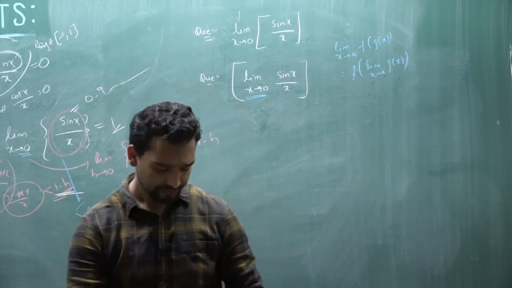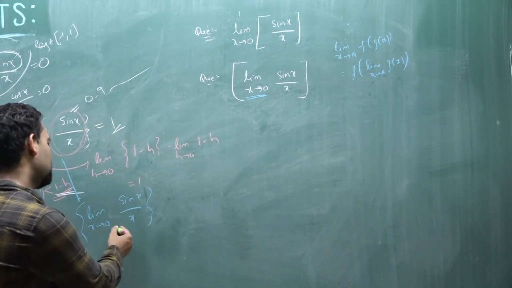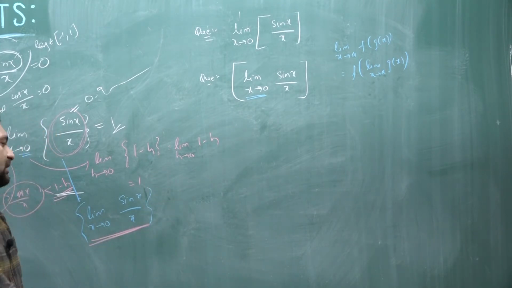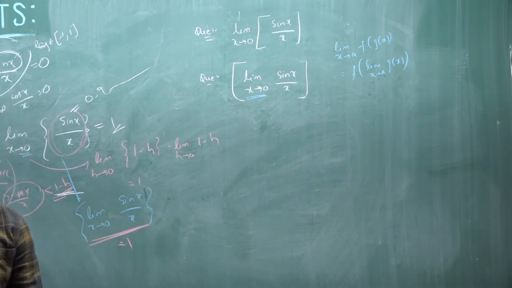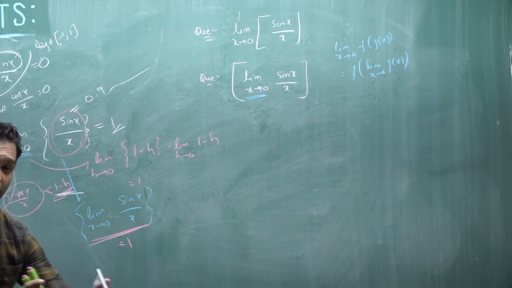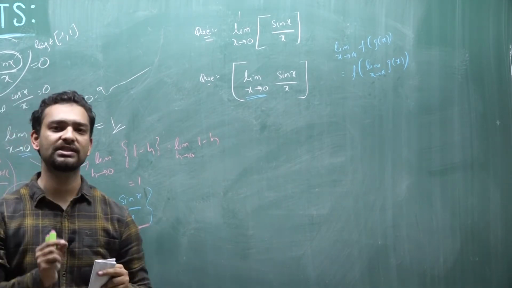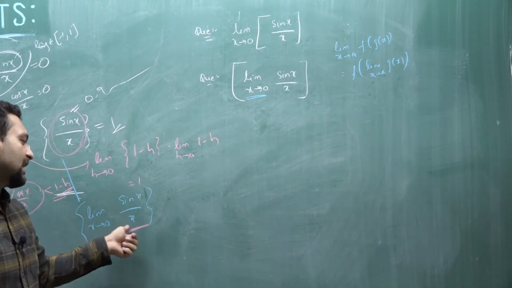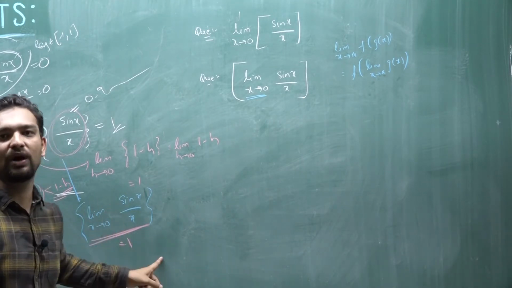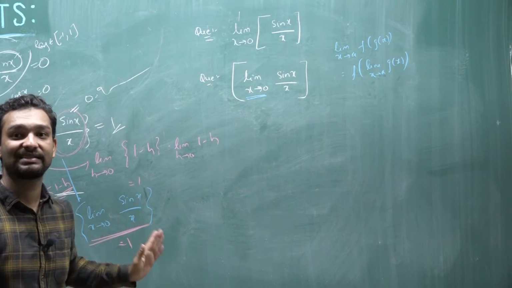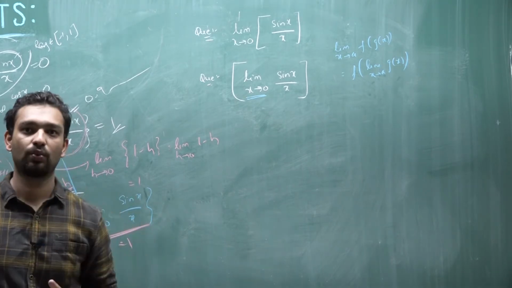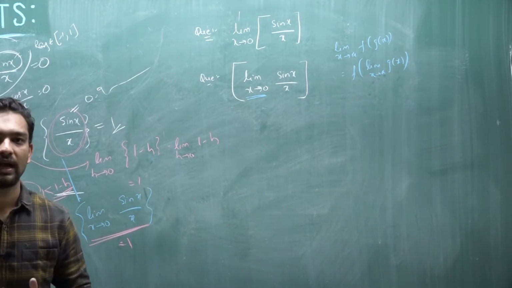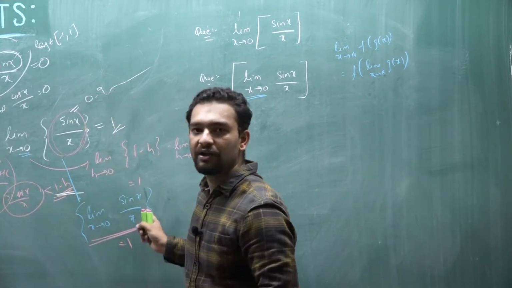Let's solve this. Whenever you have limit x tending to 0, sin x upon x, the value of the limit is always 1. When it's already mentioned limit x tending to 0, sin x upon x, you'll always write it as exactly 1. And finally, after that you apply the fractional part function.